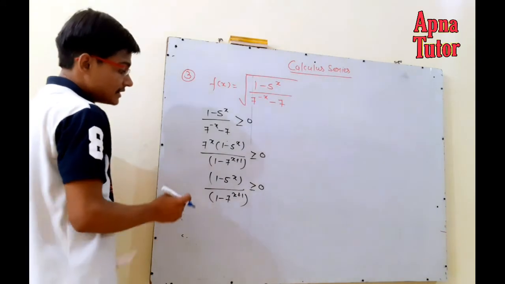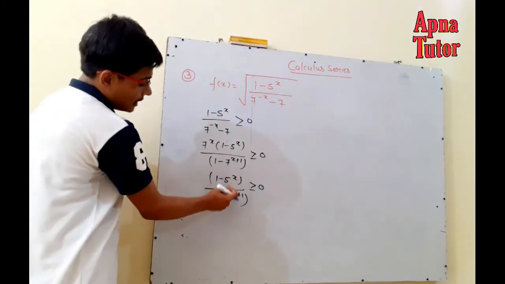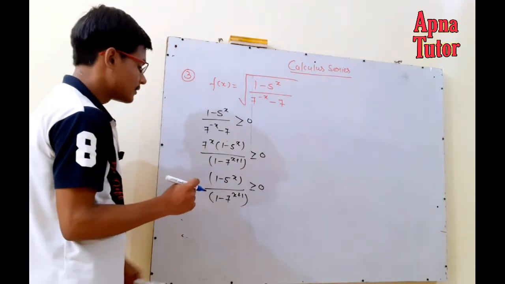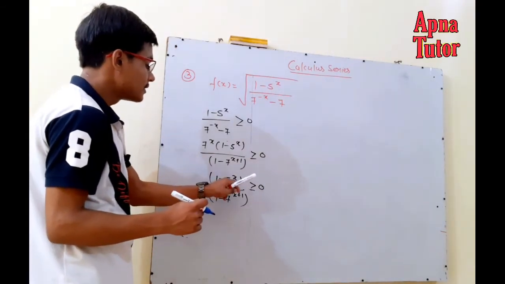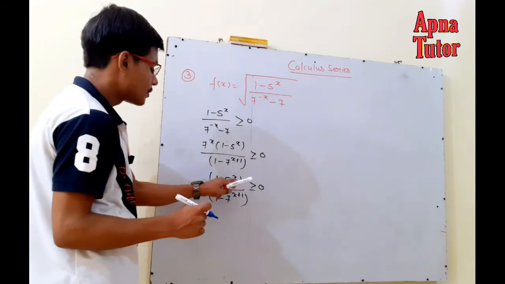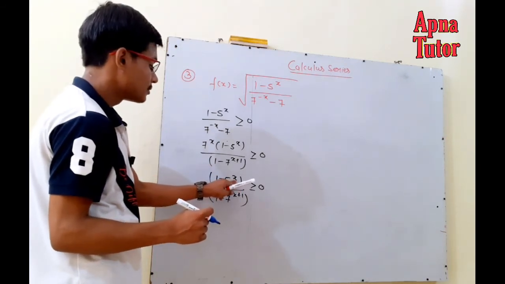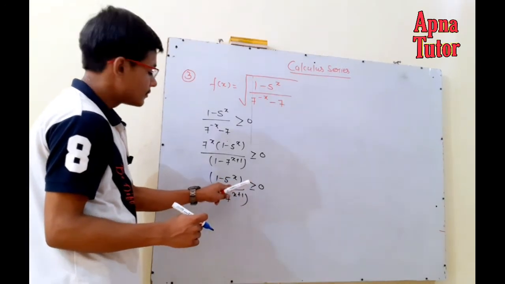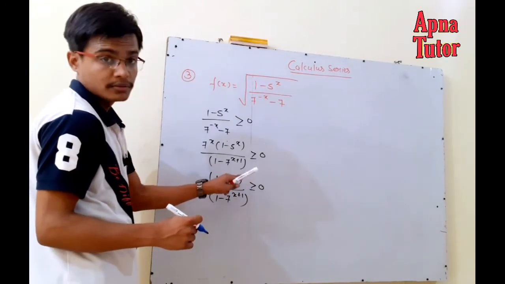Now you have to see the behavior of the inequality for individual values of x. First take the root x equal to 0. When you take x equal to 0, 5 to the power 0 results in 1 minus 1, which is 0.